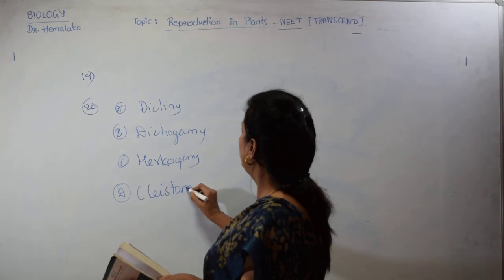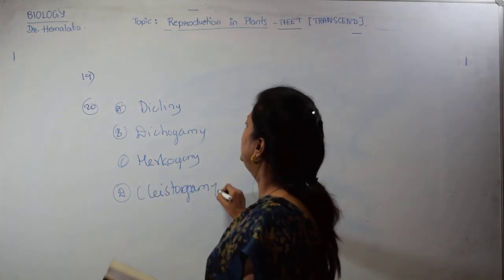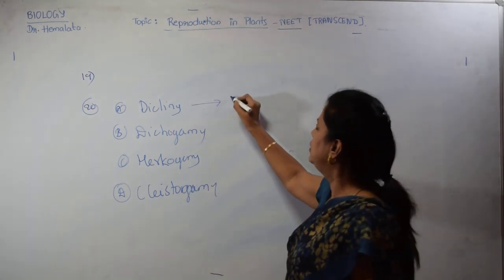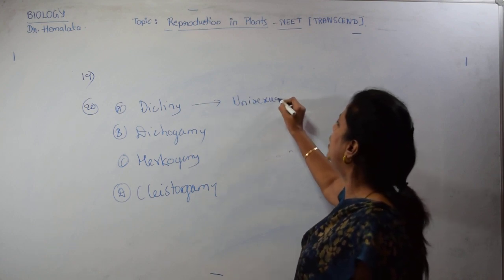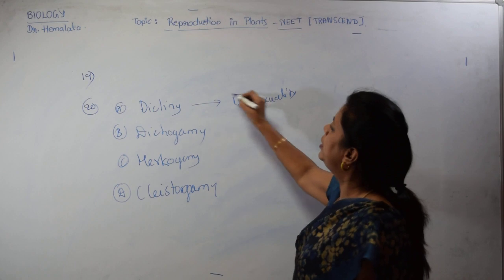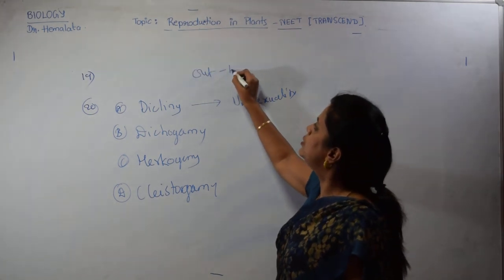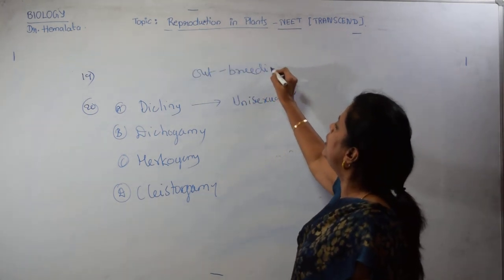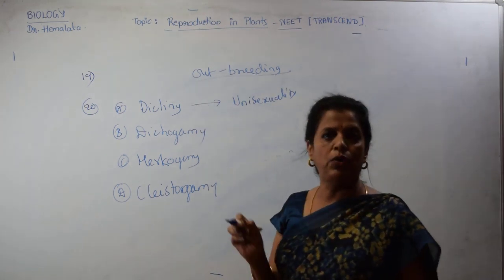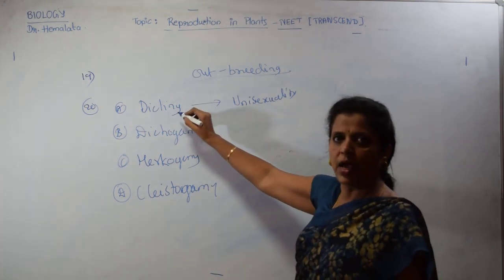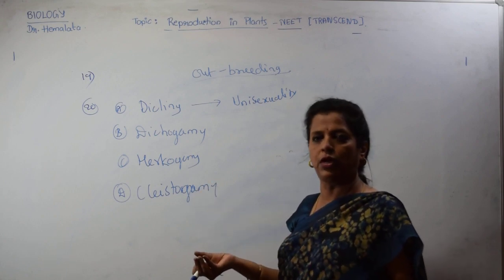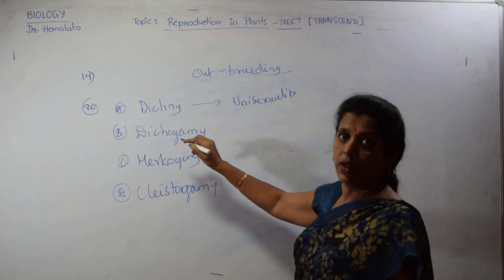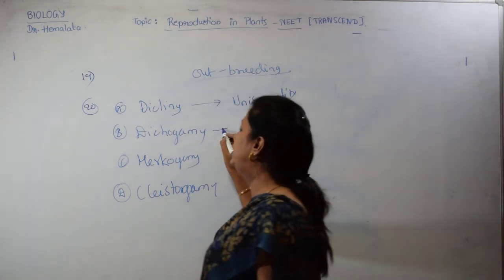First you should know the meanings of all this. Dicliny is nothing but unisexuality. Having unisexuality, it is 100% an outbreeding device. If it is unisexual, it has to undergo only cross pollination. Self pollination cannot happen because one flower will have the male sex organ and another flower the female sex organ.